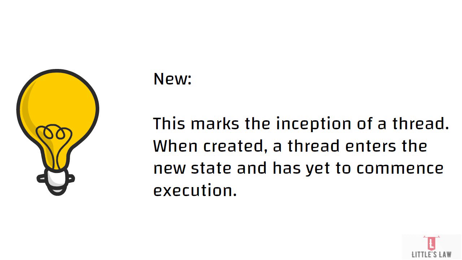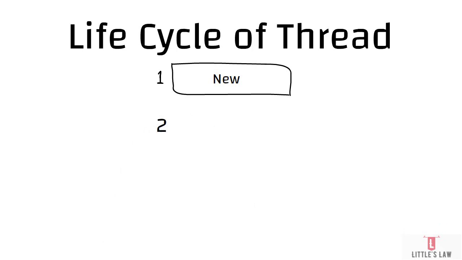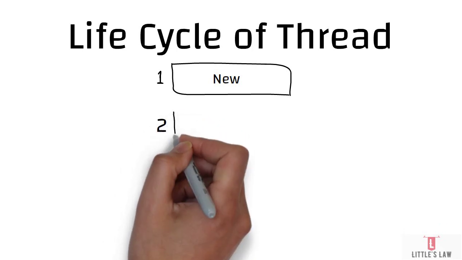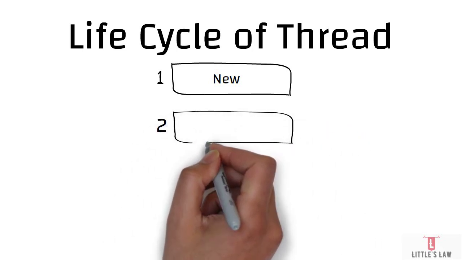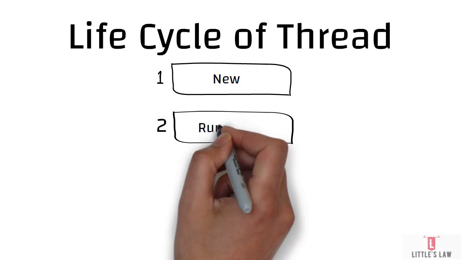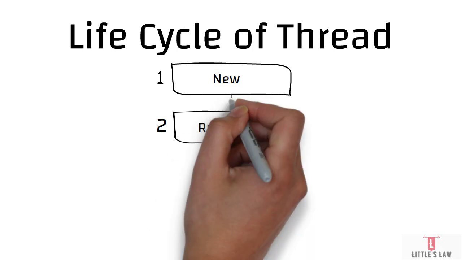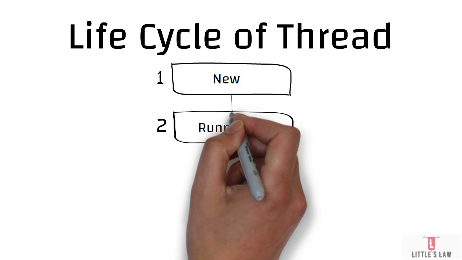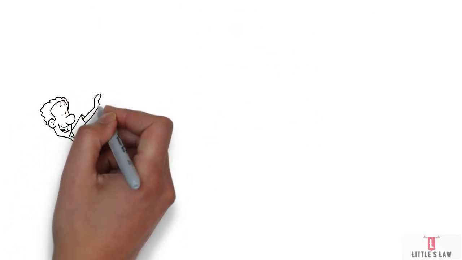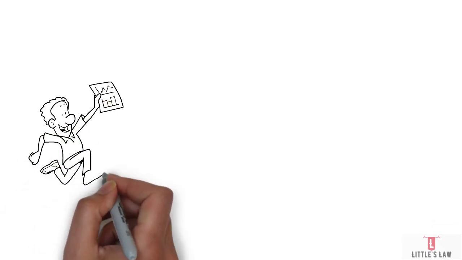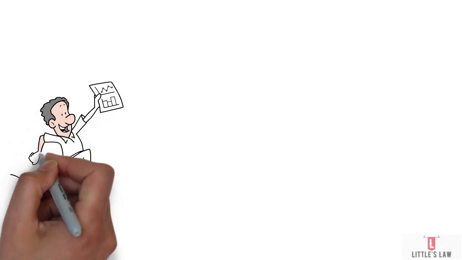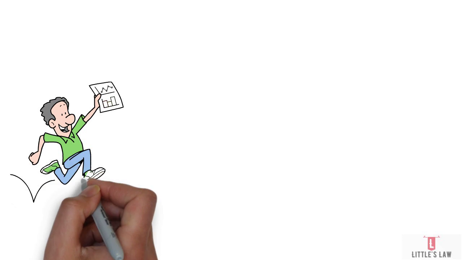Now let's move on to the second state, which is the runnable. When it comes to the runnable, the thread gets ready for execution, moving from the new state to the runnable state. At this stage, the thread may either be actively processing code or waiting in a ready to run state.